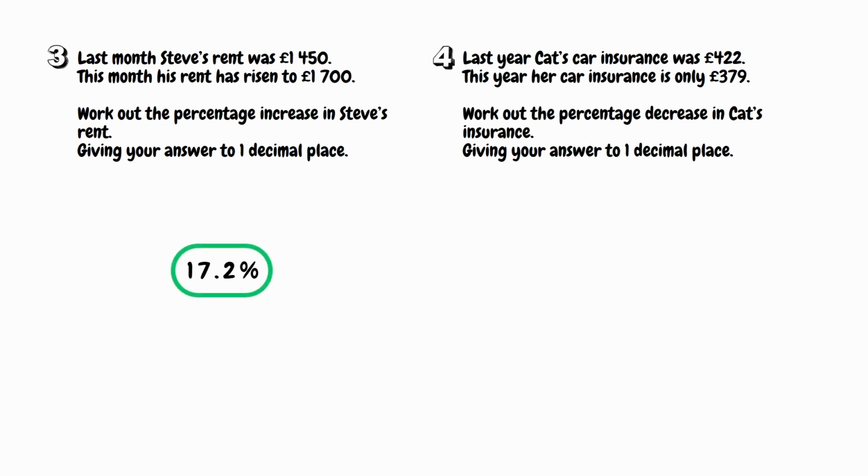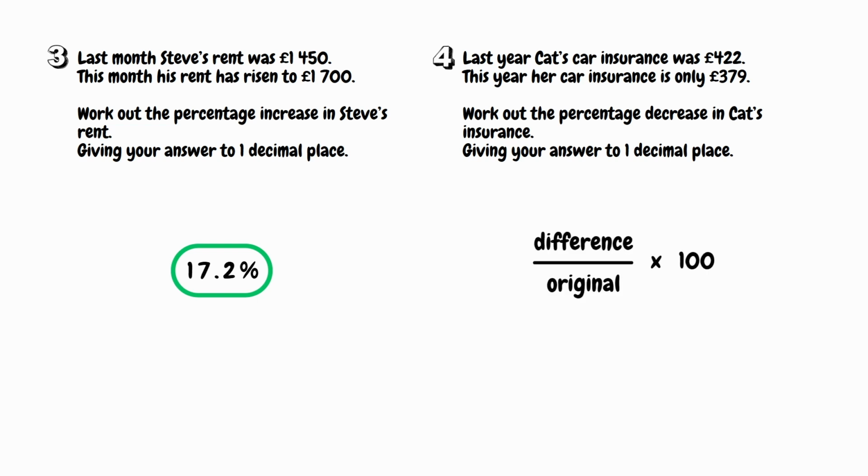And finally, for question 4, we have last year, Kat's car insurance was £422. This year, her car insurance is only £379. We need to work out the percentage decrease in Kat's insurance, giving our answer to one decimal place. So again, we know we're using our percentage change formula here.